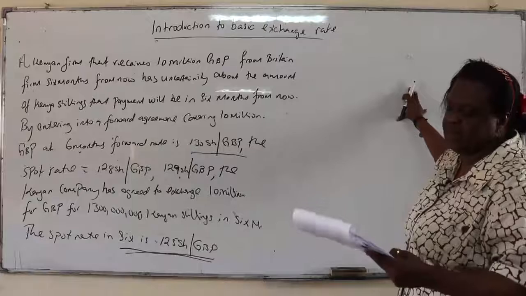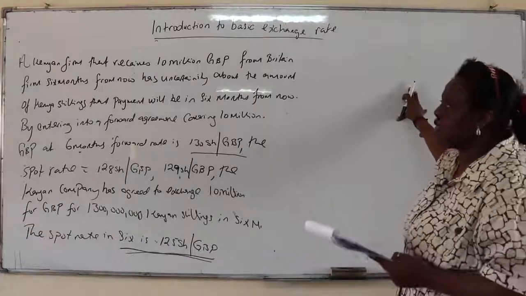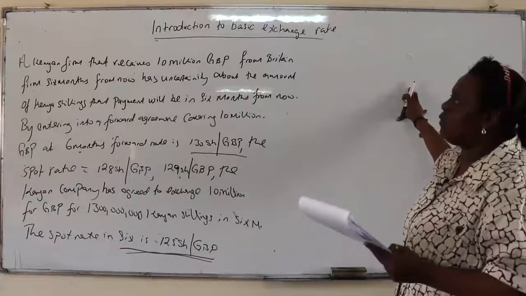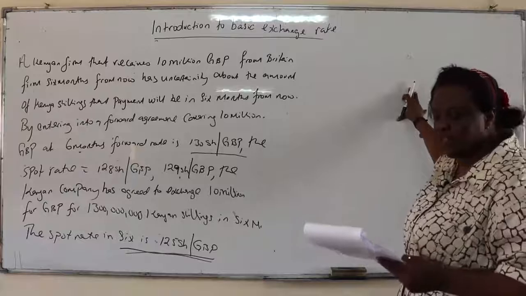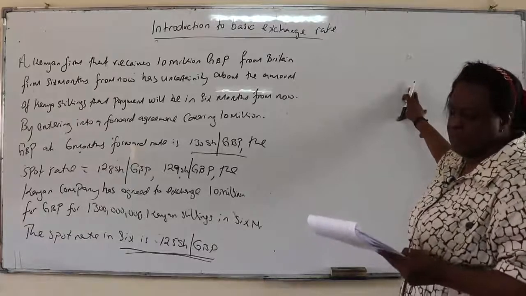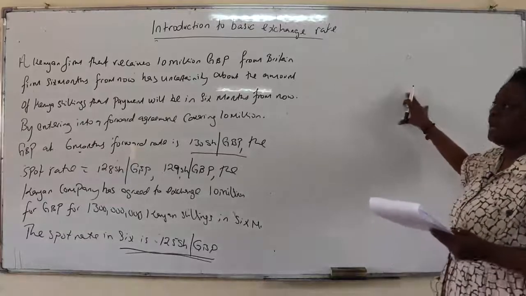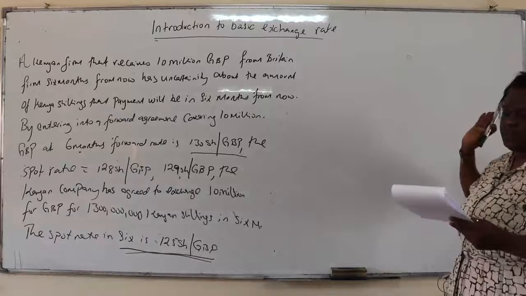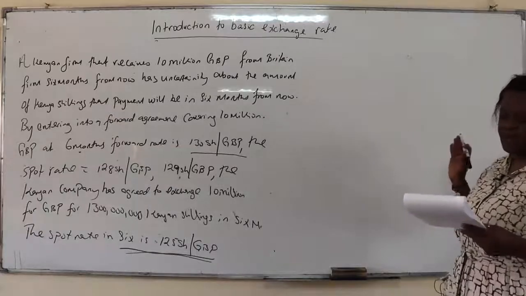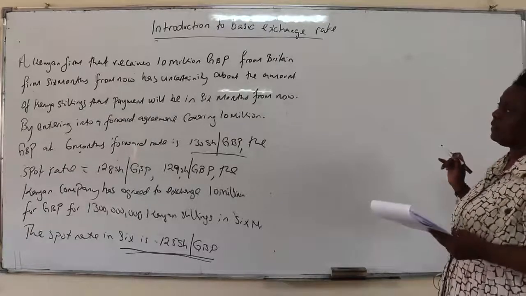We've already said many times that in a foreign exchange quotation, we have the price of one currency in units of another currency. So these are often referred to as the base currency and the price currency.